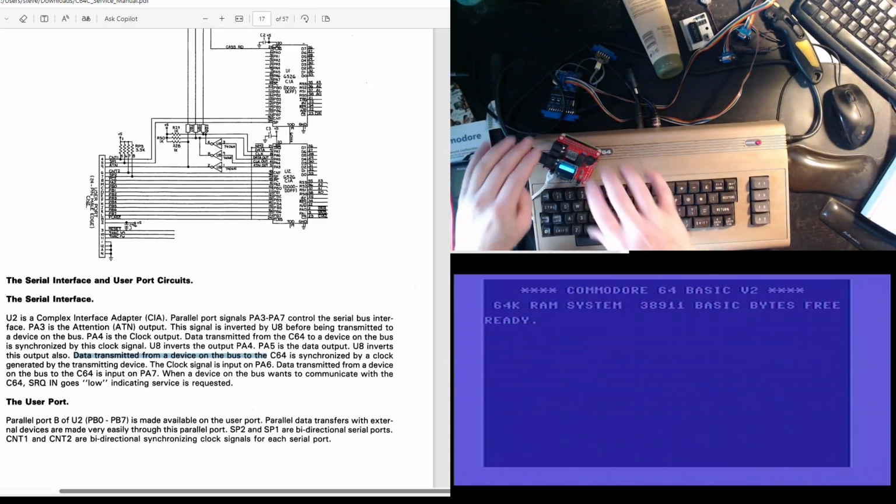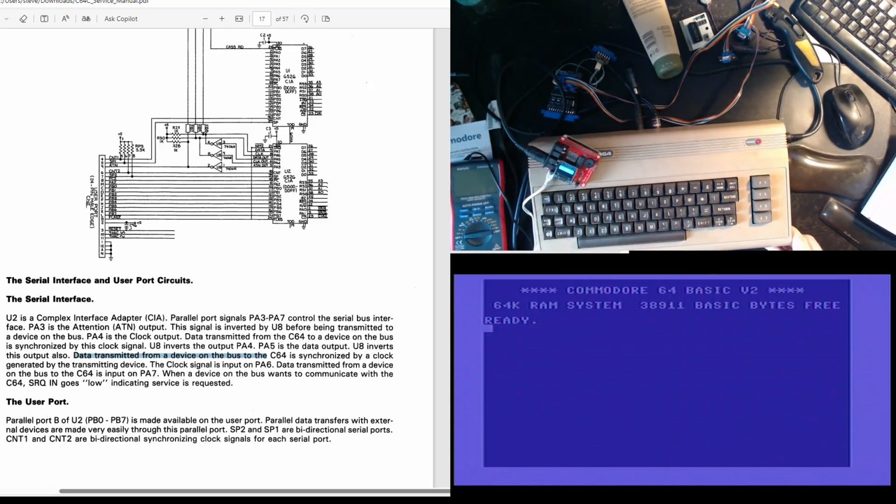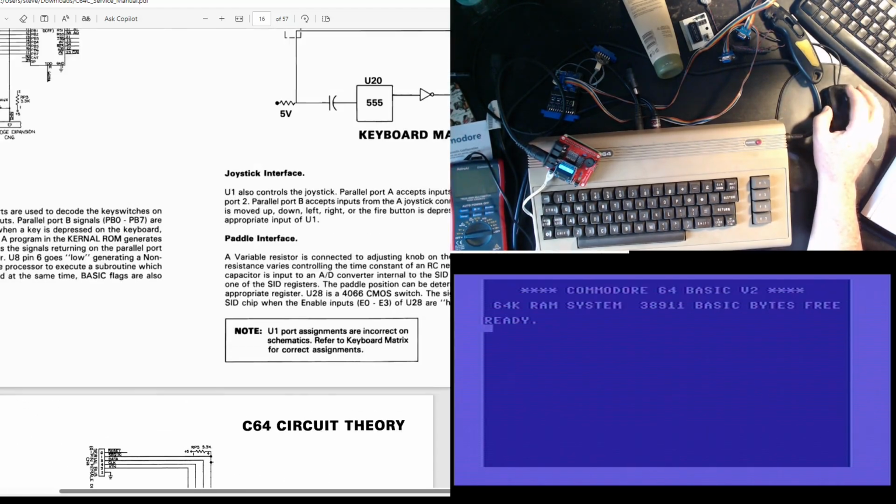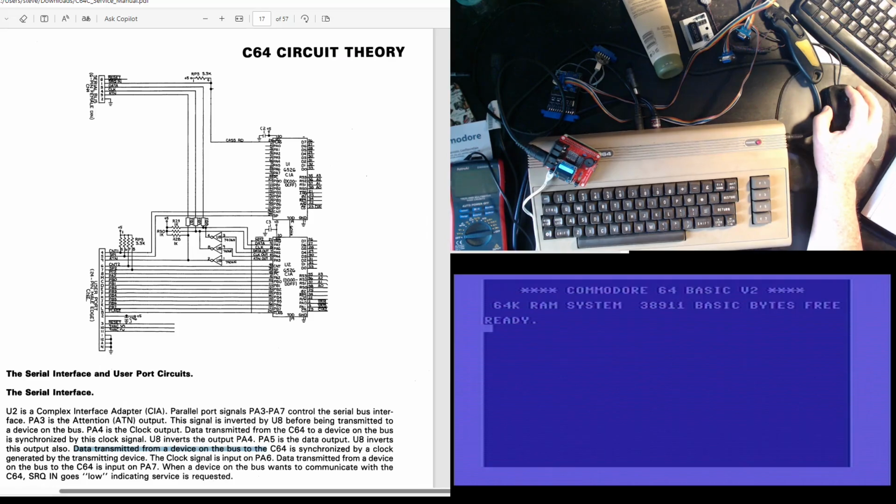I'm trying to work out whether it's the CIA2, because where do we have CIA2? User port, serial port. So the serial, I think it's IC, goes into serial port, sorry, goes into U2 here with data in out.